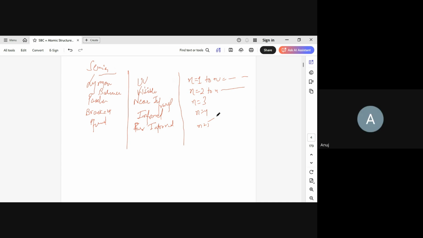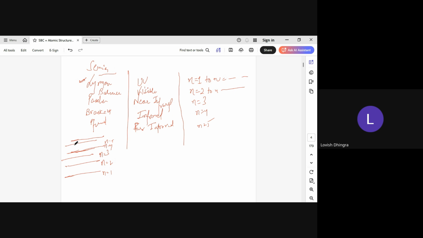What do you mean by n equals 1 to higher orbits? It means, for a particular series like Lyman, n is equal to 1, 2, 3, 4, 5, 6, like that. Whenever an electron is there, it can return from a higher energy level.